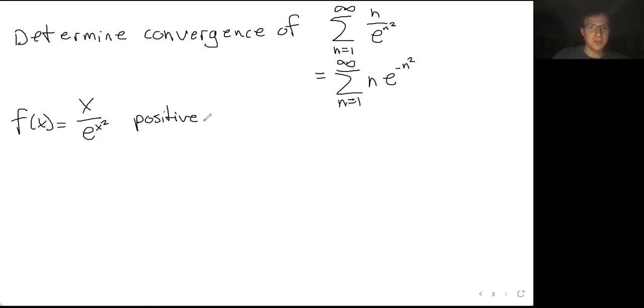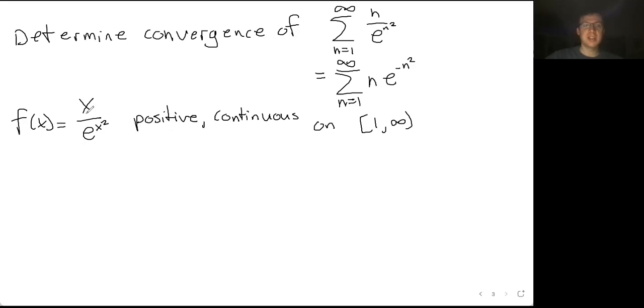So it's positive, continuous on, say, 1 to infinity. It's actually continuous everywhere, but we only need it this far. And as long as we're not putting in negatives, we're going to end up with a positive number.